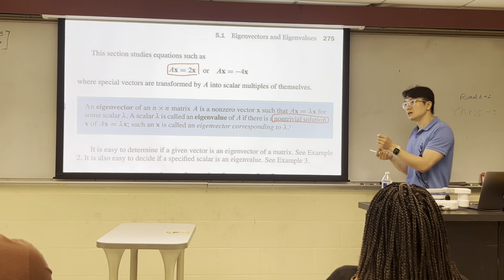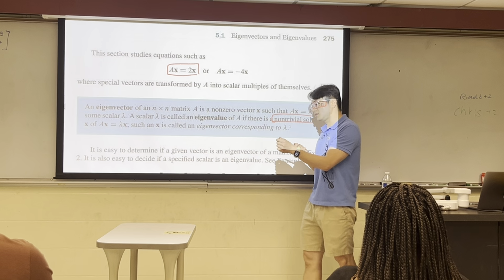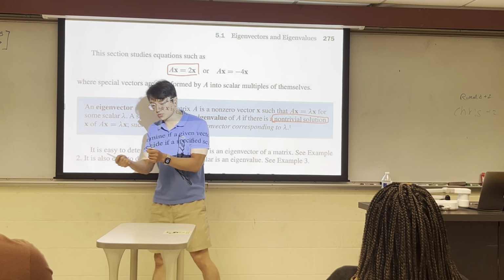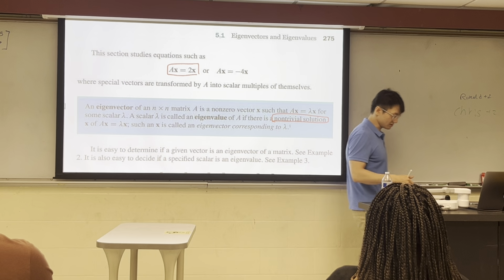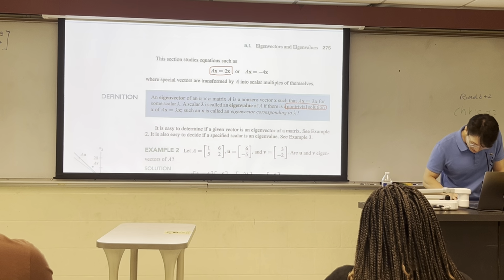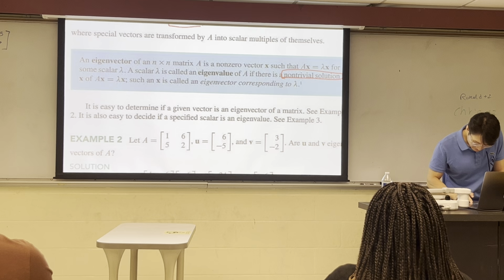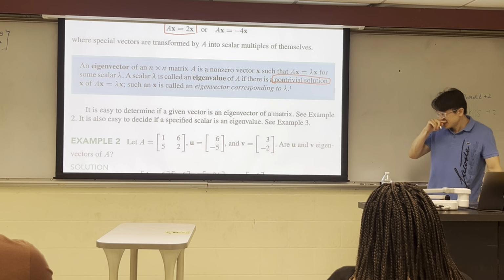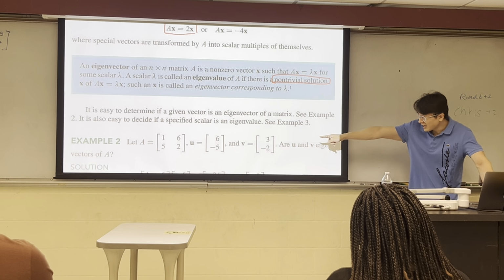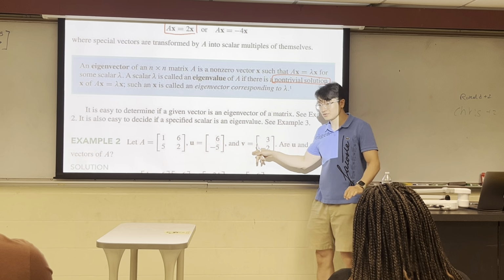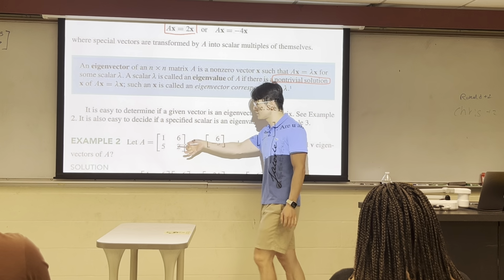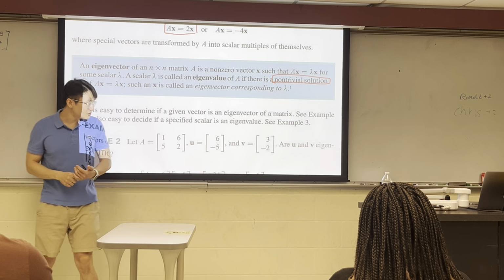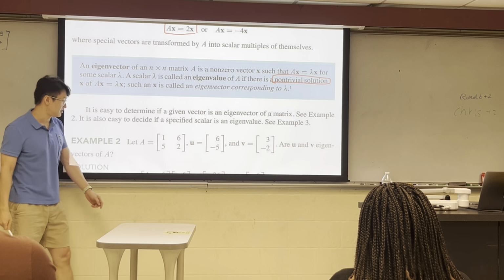Okay, so there's a link between eigenvalue and eigenvector. So let's talk about it. If I give you 2 vectors, U and V, and I also give you a transform matrix A, and I ask you, are these eigenvectors?